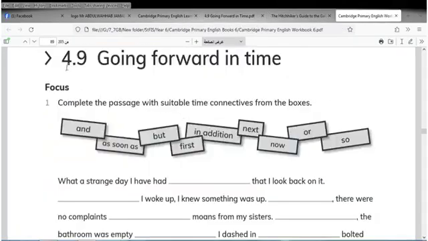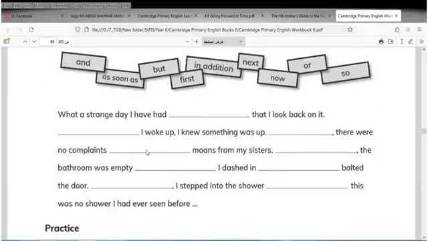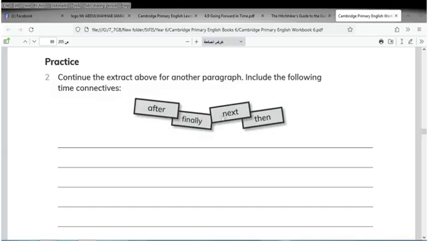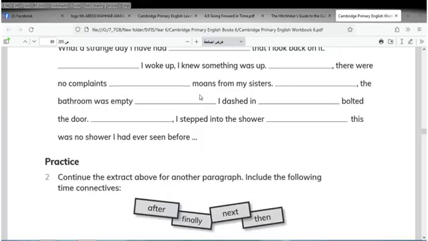Remember that your homework is 4.9, Going Forward in Time. It is the workbook. You have the first question, which is to fill in the gap with the correct connectives. I love this exercise. Practice number 2, you have to continue the extract above for another paragraph.